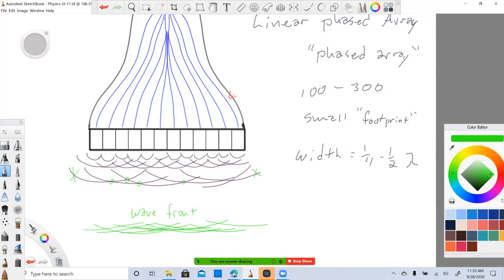And on the outside, these outside guys want to continue to move outward, but there's no constructive interference out here, so the sound outside of the beam is a lot weaker than the sound inside the beam. So that's basically how this sound is produced, right? Now that I've made a mess of things.